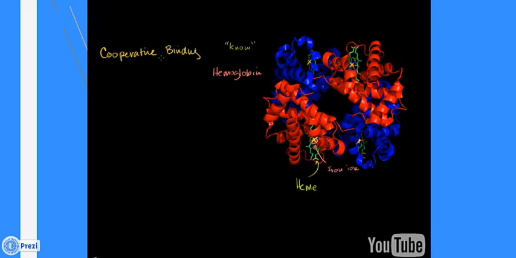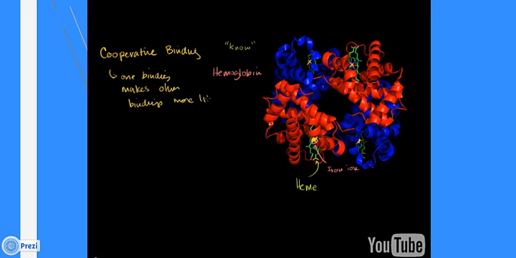And this is just the principle that once it binds to one oxygen molecule, so let's say one oxygen molecule binds right there, it changes the shape in such a way that the other sites are more likely to bind oxygen. So one binding makes other bindings more likely.